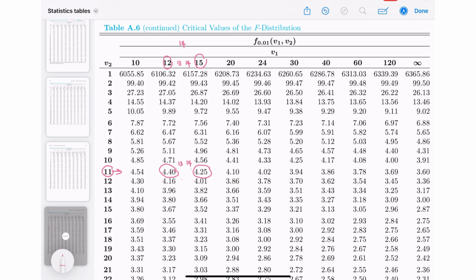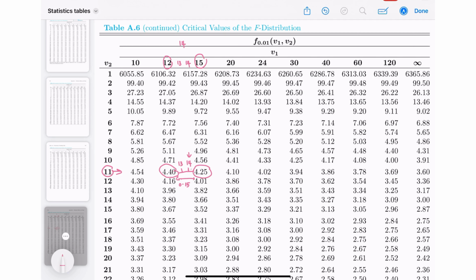To approximate the point for 14 between these two, we find the difference between the 2 points, 12 and 15. When we do 4.4 minus 4.25, the difference is 0.15. The difference from 12 to 15 has 3 subintervals, so we divide 0.15 by 3.